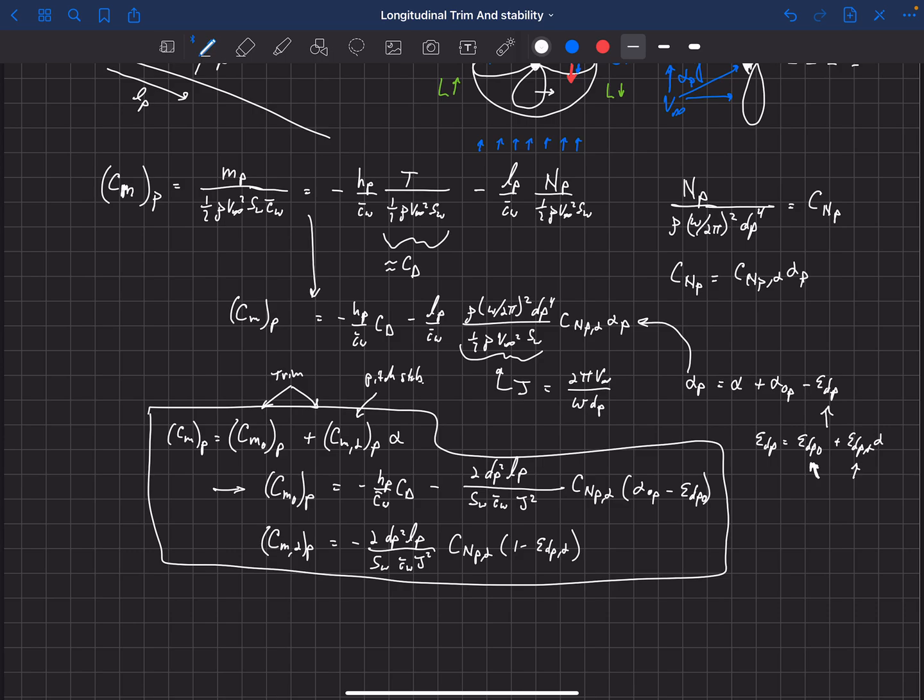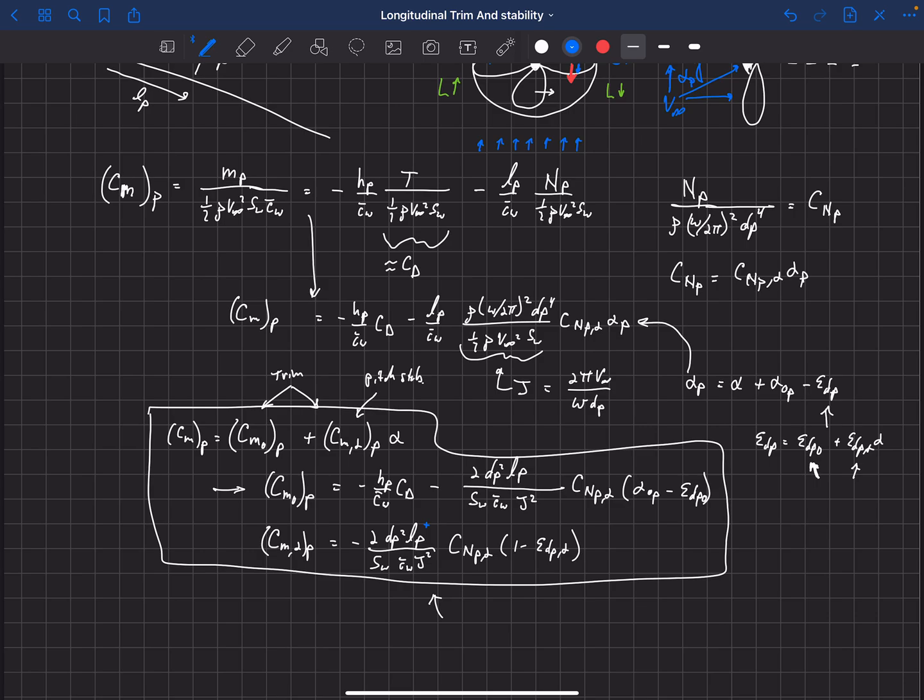And one thing we can see here is that if LP is positive, then we're going to get a negative. So if LP is positive, then we're going to get that our propeller is stabilizing, okay?